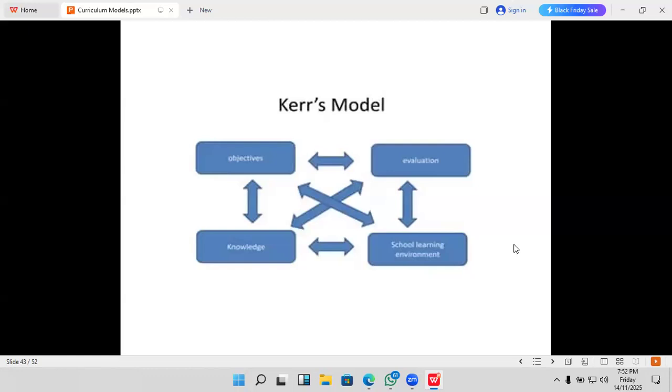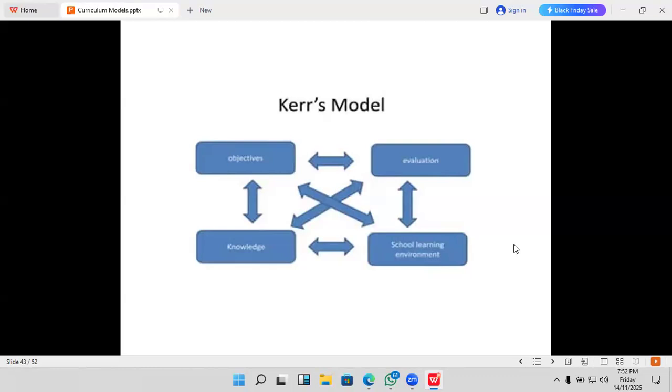Here you can see the interrelationship. It is not actually a linear model or cycle model. You can see the key components of a curriculum: objective, knowledge, learning experience. So he says school learning environment and evaluation.